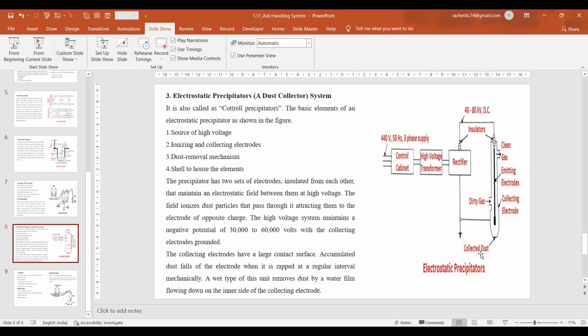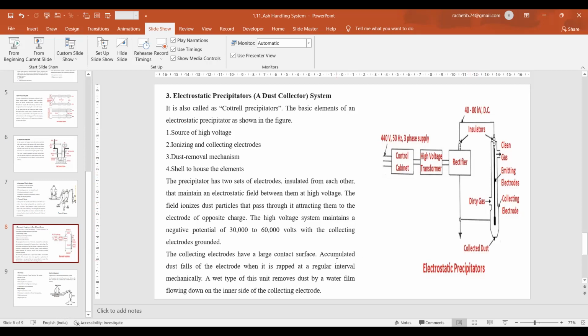In a 210 megawatt unit, around 40 hoppers were there. You can see how large an area is required by these electrostatic precipitators, and these 40 hoppers in every shift are evacuated with the help of water jets or water ejectors.